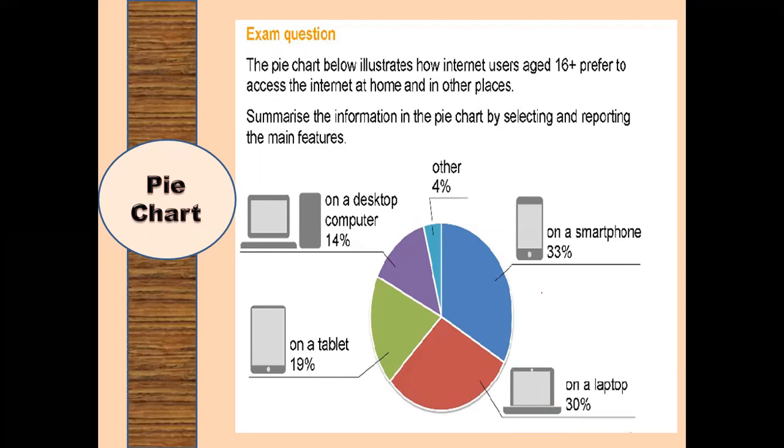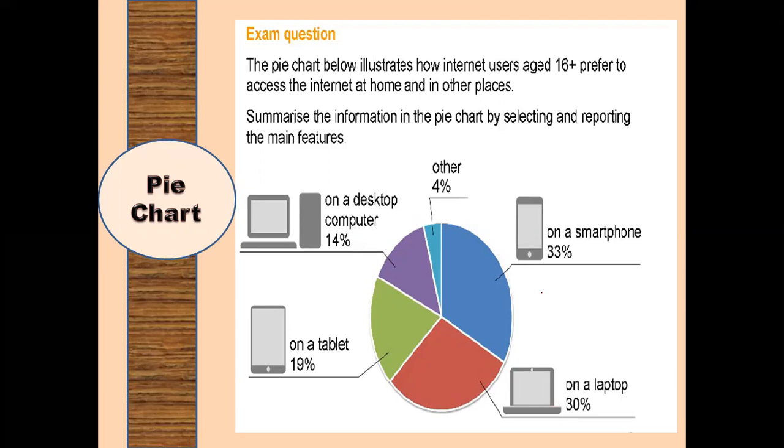If we compare smartphone and laptop, you will find they are the uppermost being used by the internet user. These two devices are used maximum by the users, and there is the difference of only 3% between smartphone and laptop users.